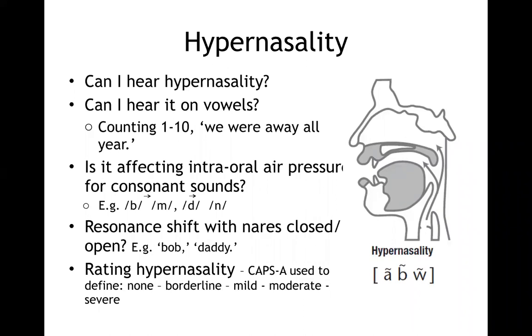In terms of rating hypernasality, just in case you're looking at any of the literature, we use an audit protocol in the UK to rate hypernasality. It's called the CAPSA, the Cleft Audit Protocol for Speech, augmented, and that's used to classify or rate hypernasality in a more complex way.